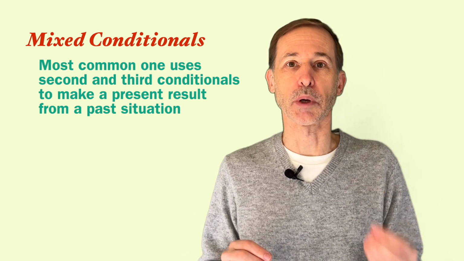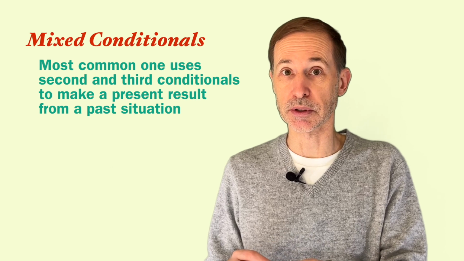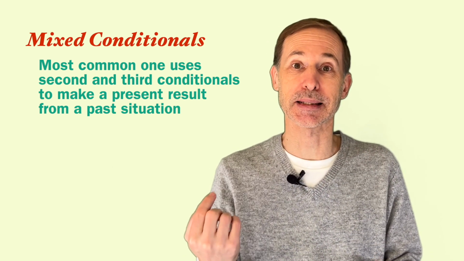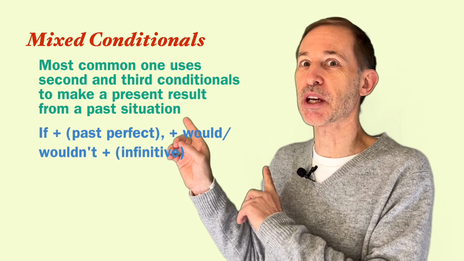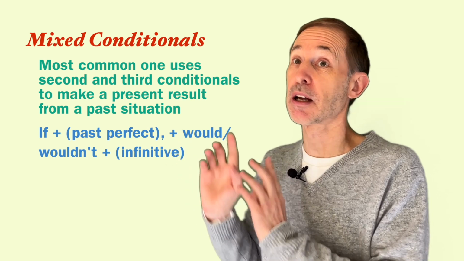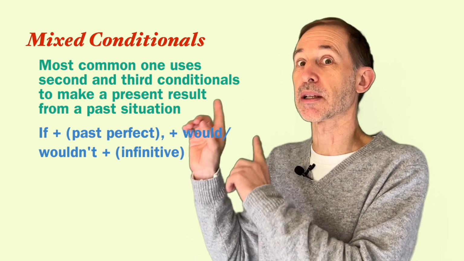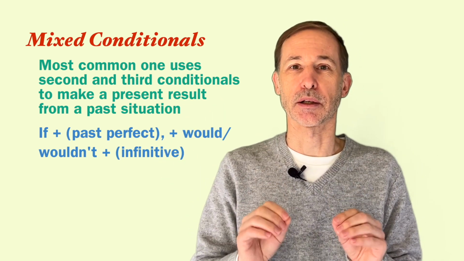Probably the most common one uses second and third conditionals to make a present result from a past situation. So we have if plus the subject plus past perfect. This is from the third conditional. Then the subject plus would, wouldn't, and infinitive from the second conditional.